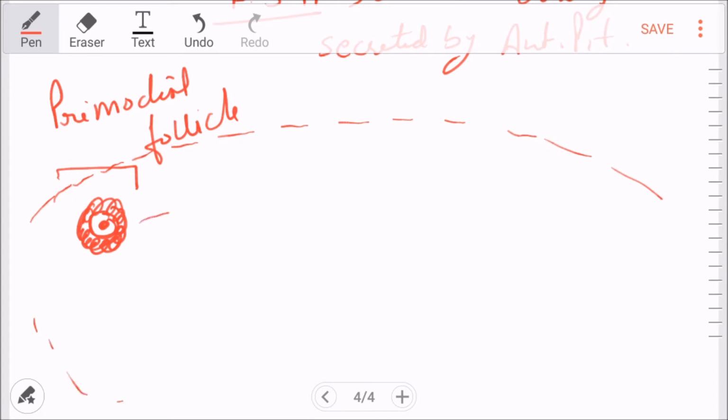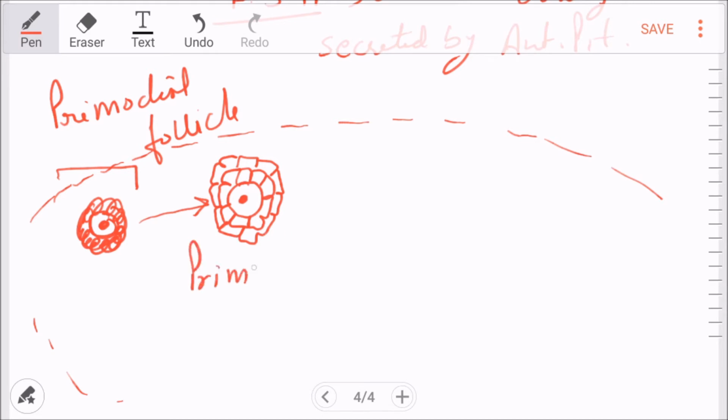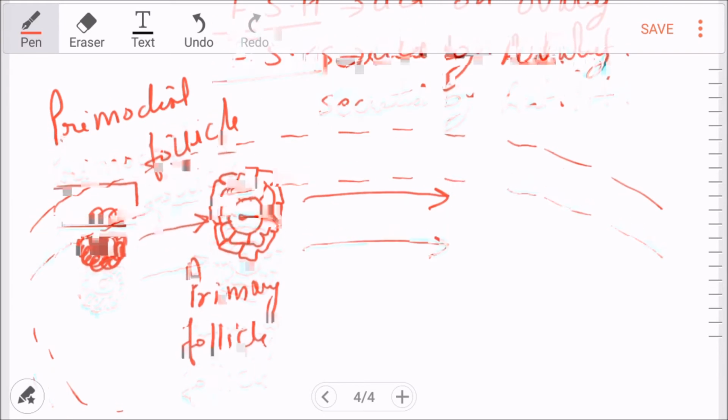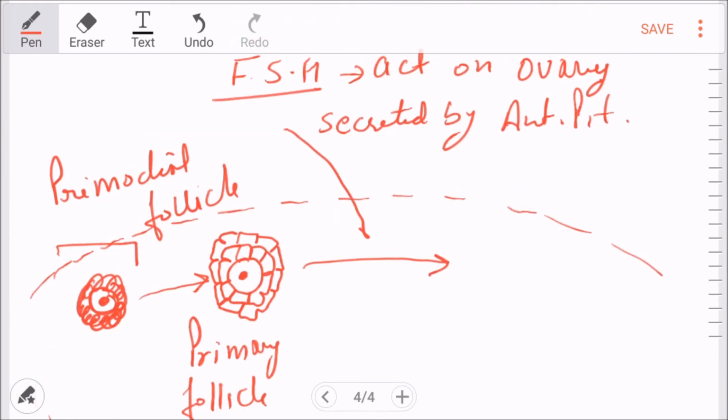This primordial cell is converted into the primary follicles, which has a granulosa layer, cuboidal layer, multilayer or a monolayer. We are making multilayer here. The main difference between the primordial follicle or primary follicle is arrangement of the granular layer. So the main function of FSH here is to convert the primary follicle into secondary follicle.